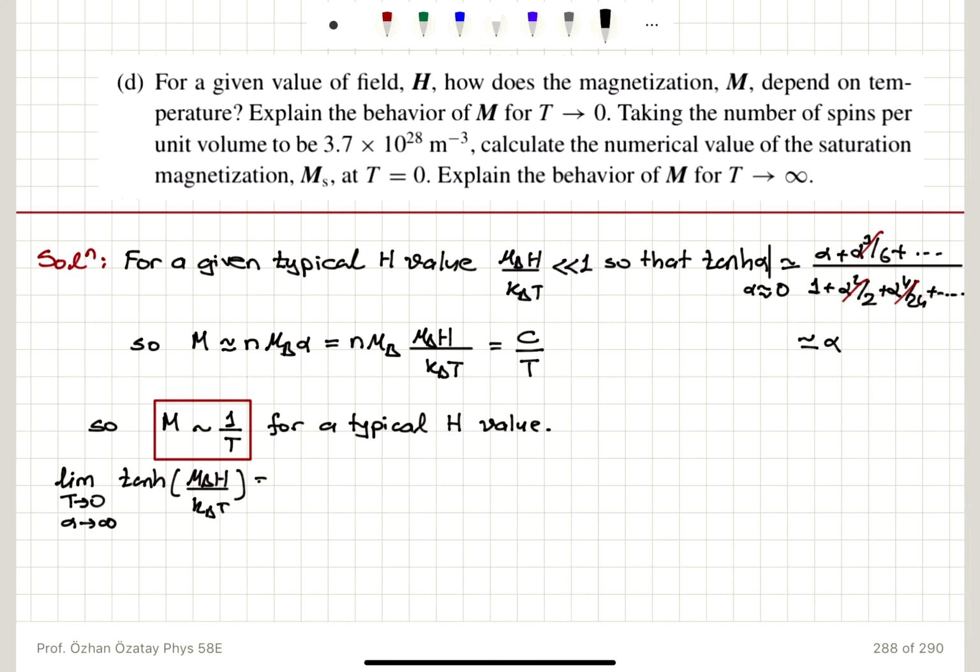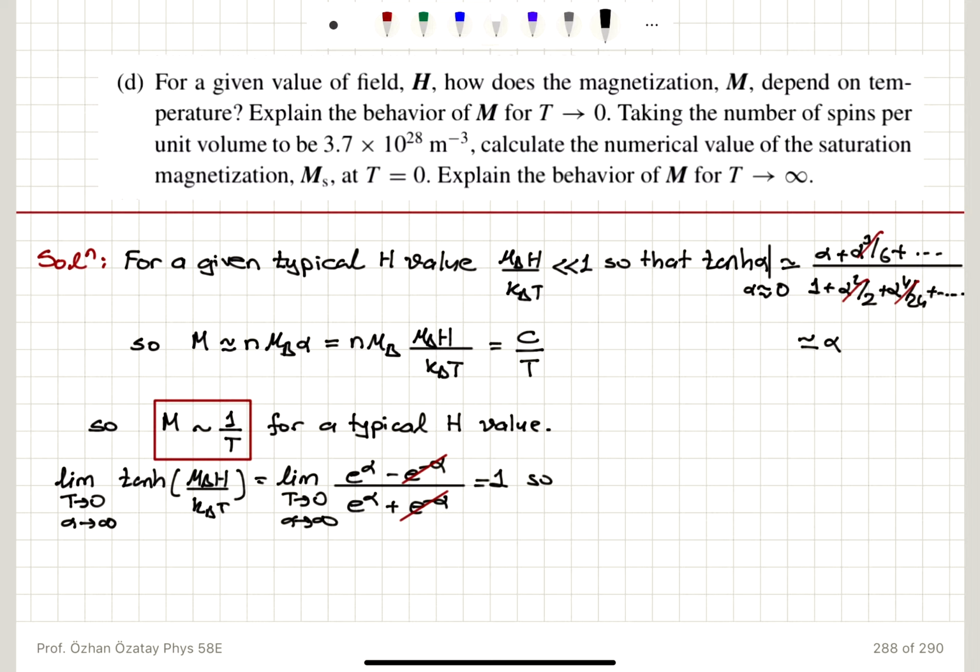This is the limit as T goes to 0 or alpha goes to infinity. Hyperbolic sine divided by hyperbolic cosine gives us (e^alpha minus e^minus alpha) over (e^alpha plus e^minus alpha). Now alpha approaches infinity, so the e^minus alpha terms disappear, and you can see that tanh is approaching 1.